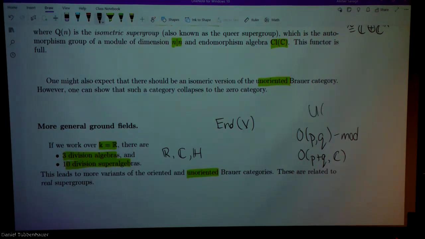Or you can look at the unitary group. So the unitary group is this case where you take complex numbers. Your oriented Brauer category, the coefficients are real numbers, but your strands can carry complex numbers. And so that controls the representation theory of the unitary group. So you can study all of these real groups and real supergroups by looking at these various possibilities.